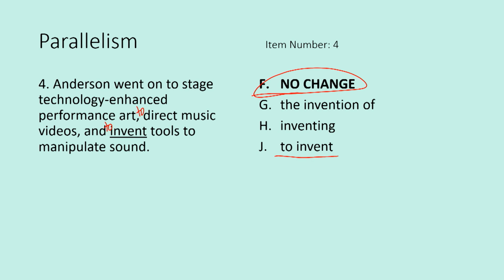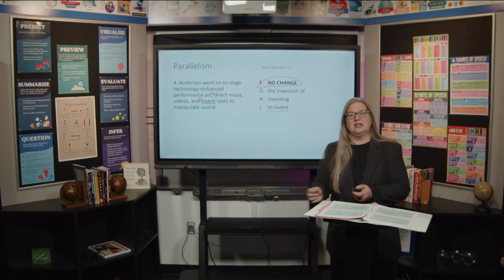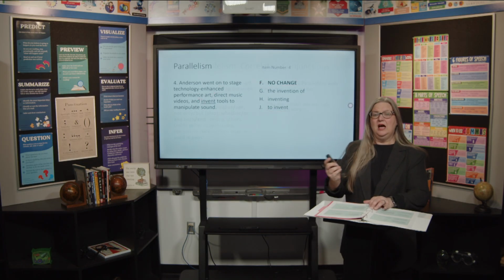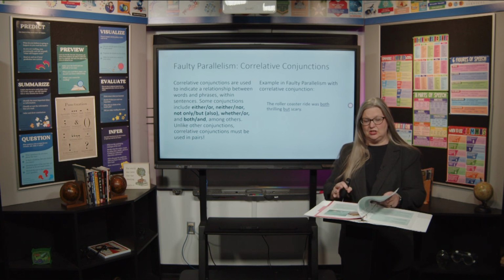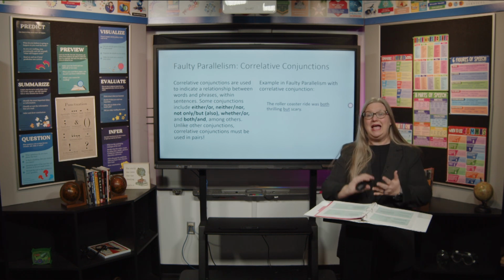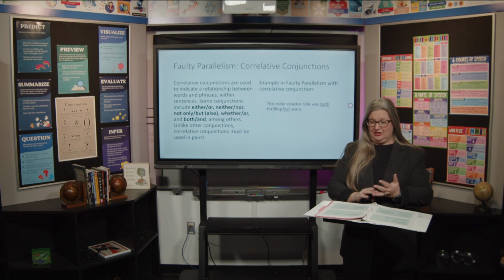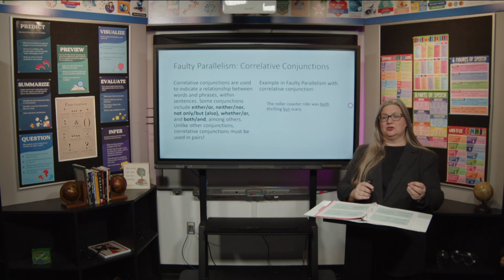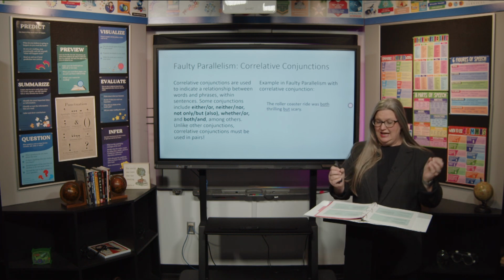We want to make sure that we follow the same pattern that we've been following when we are looking at parallelism. And so you'll get some more practice with that. In fact, some items might look at both faulty parallelism and correlative conjunctions. So you need to understand those correlative conjunctions and study those.